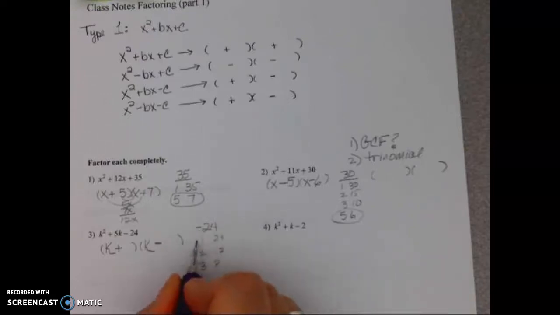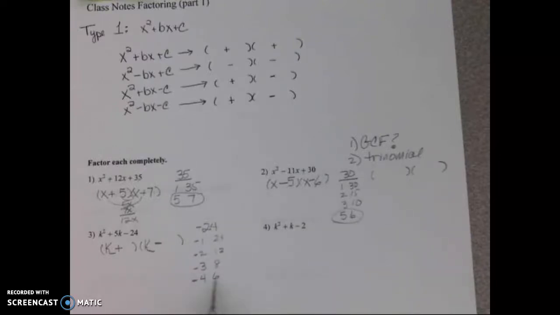This is a negative 24, which means one of these signs has to be negative. Negative 1 times 24 is negative 24. When you add these numbers up, we're trying to get a sum of positive 5.